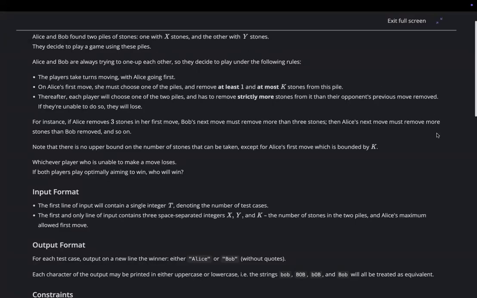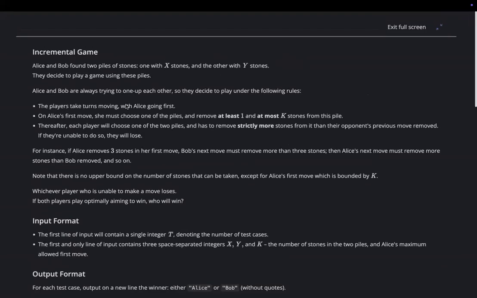Okay, great. Yeah, so let me read the problem. The problem said Alice and Bob found 2 piles of stones, one with X stones, another one with Y stones. They are playing a game using these piles. So they both will go one by one in turns. First move is of Alice.